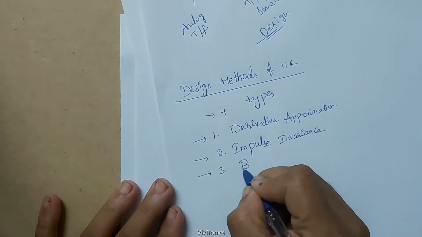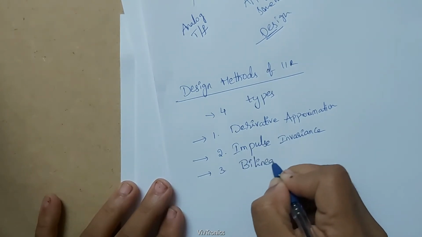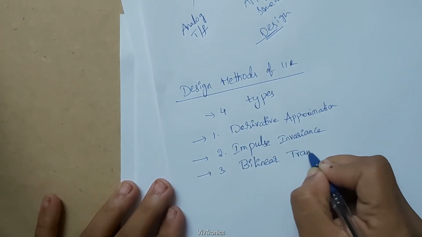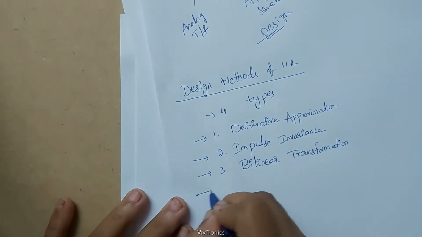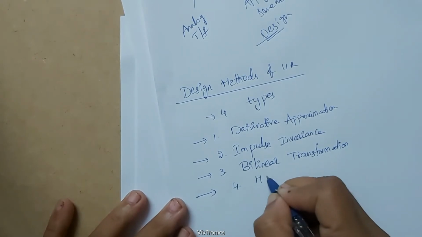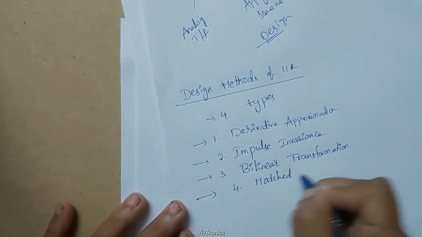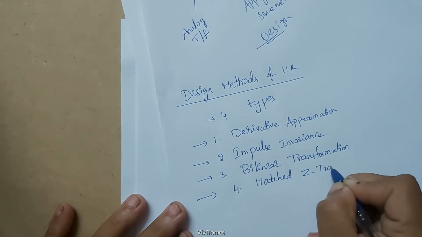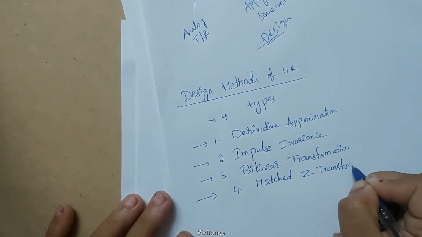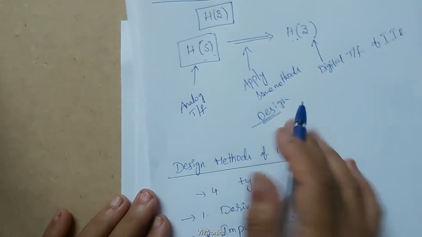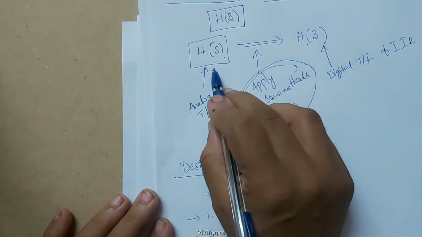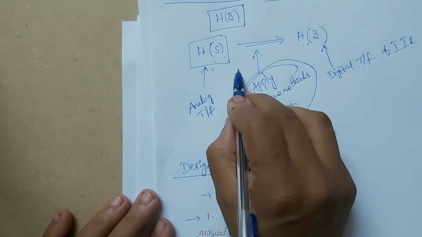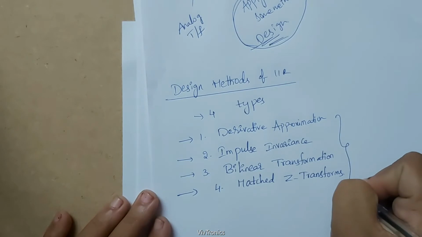The third one is bilinear transformation. And the fourth one is the matched Z transforms. By applying the transformation between H of S and H of Z, we'll use these 4 methods.